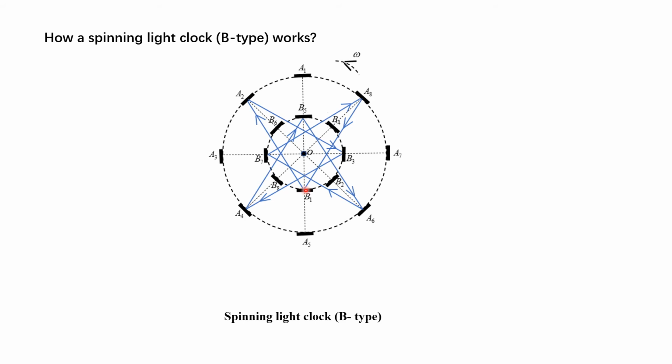However, if the clock spins, initially the photon is at B1, and the next step it will hit the position A2, and then to B3, and then to A4, and then to B5, and then to A6, and so on. And this constructs a spinning light clock, and we call it a B-type spinning light clock.